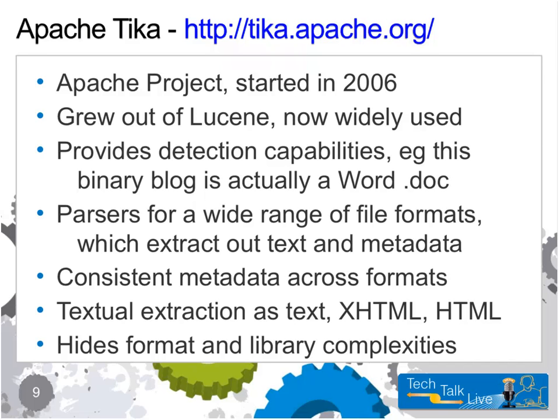Originally it came out of the Lucene project, so you can see the indexing and text pedigree there. One of the things it supports is detection capabilities. So you can go to Tika and say, I've got this blob of data and I'm not entirely sure what it is. Can you figure it out for me? And Tika can go away and look at it and say, hey, that's actually a Word document. You've just lost the file extension. So it can figure that out.